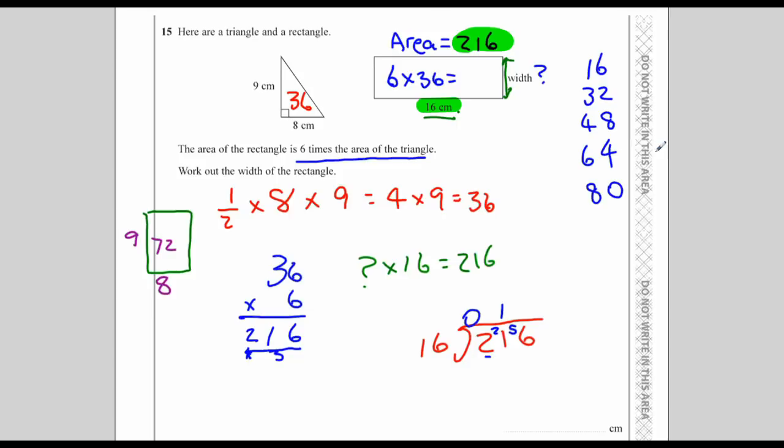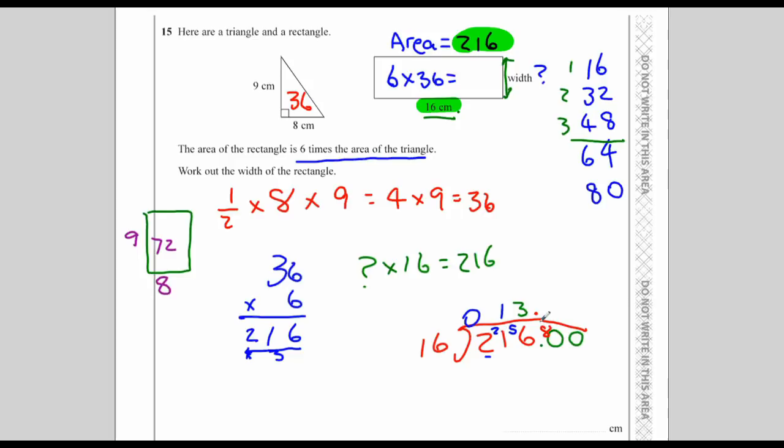We're up to 56, so we can only fit in 1, 2, 3 of them. And then we've got a remainder. Okay, 56 minus 48 is a remainder of 8. So we need to extend our number. And we've got a decimal point in the answer. So we had remainder 8.